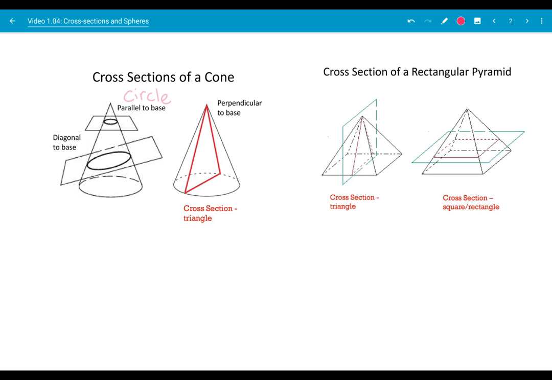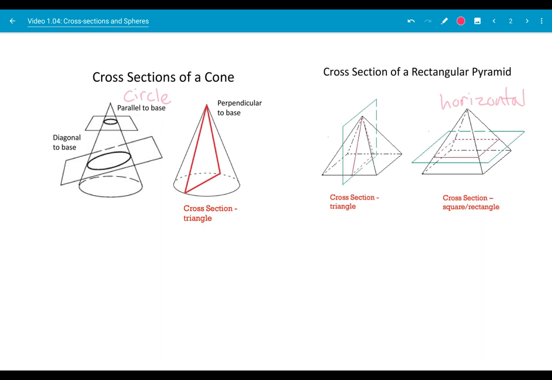Similar for a rectangular pyramid, if you look over on the right, if we make a cross-section that's exactly horizontal, it should create a shape that is the same as the base. So in this case, we have a square pyramid, but if you had a rectangular one, it would make a rectangular cross-section.